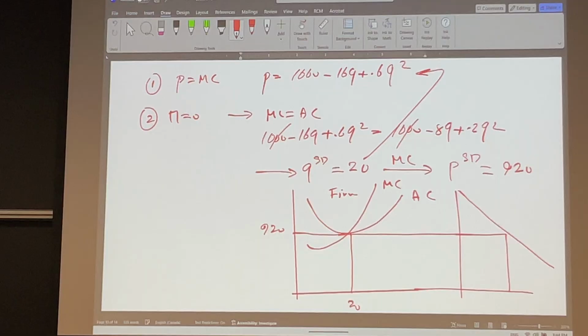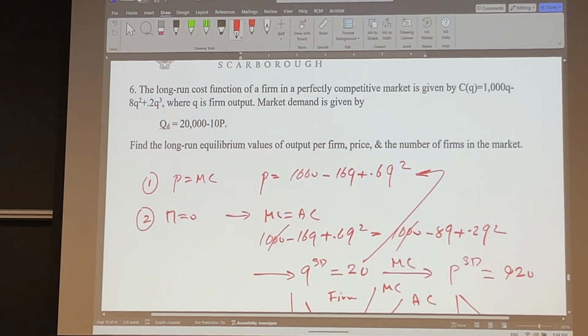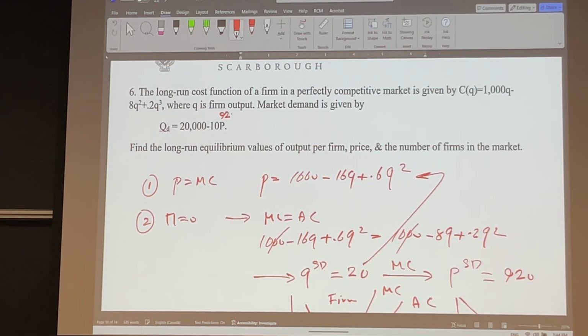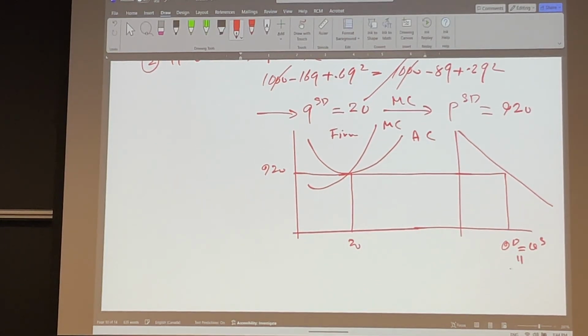That's the market demand in the equilibrium, which should be equal to the market supply. So put 920 in the demand. You're going to get 10,800. That's how much demand and supply will be in the long run equilibrium.